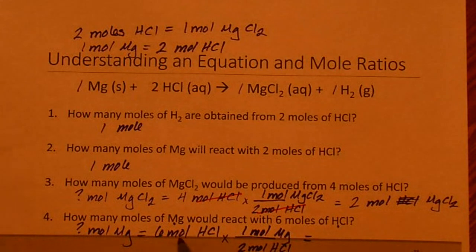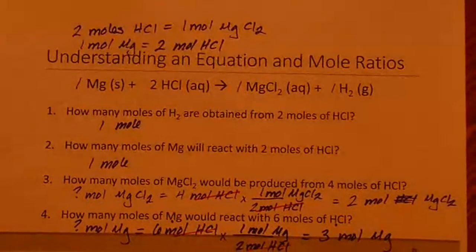So again, we see that moles of HCl as a unit has canceled, leaving me with moles of magnesium, which is what I wanted. 6 times 1 divided by 2 is 3 moles of magnesium. So that's how you can use mole ratios to convert between moles of one substance and another in a chemical equation.